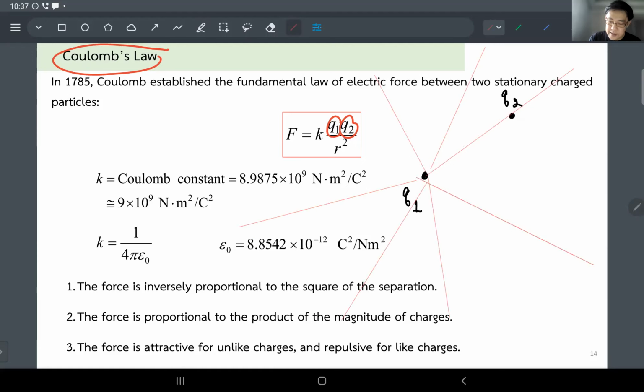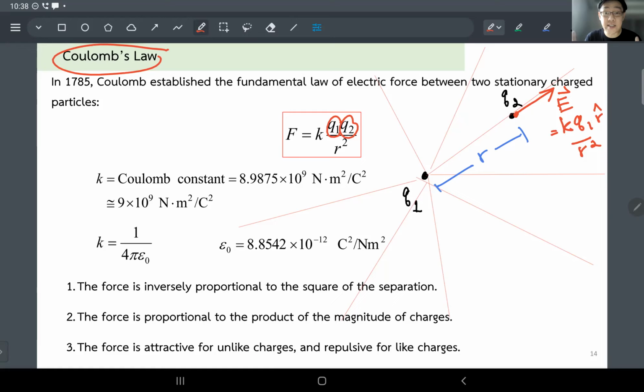At the location of Q2, let's say that the separation between them is R. At the position of Q2, Q1 will generate the electric field pointing in the outward direction. Make sense, guys? How much? It's just K Q1 over R squared. And you can put R hat into it, just to make it a vector quantity.